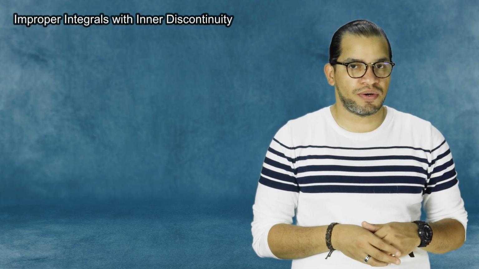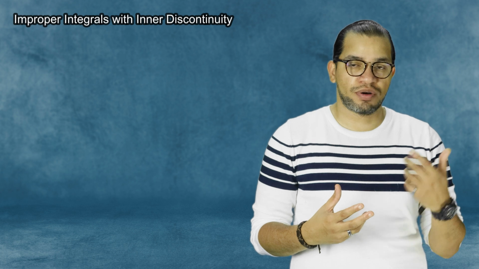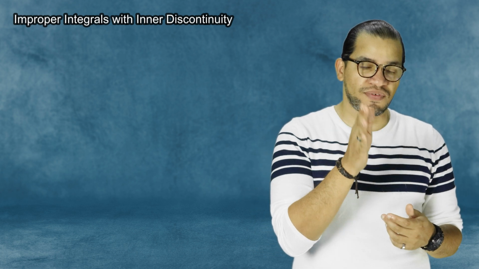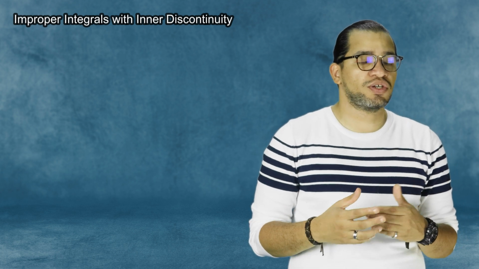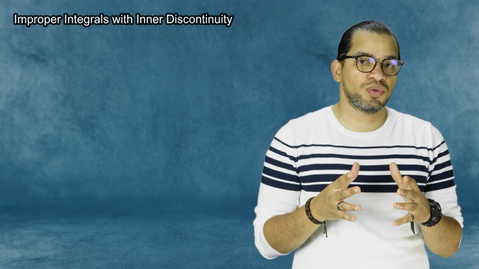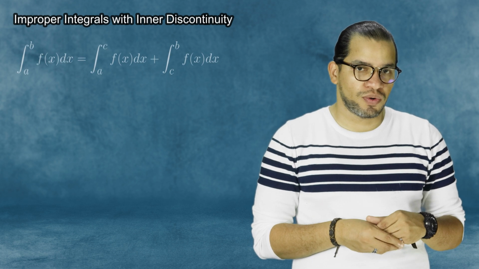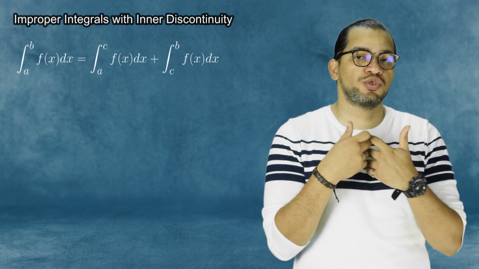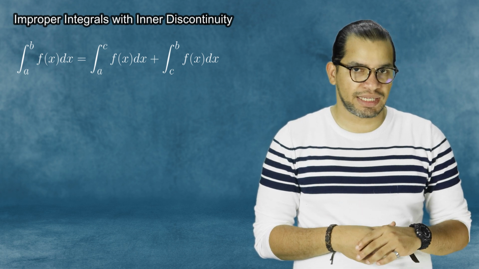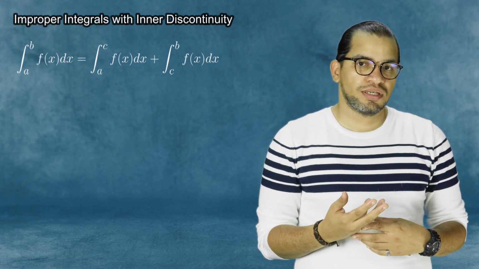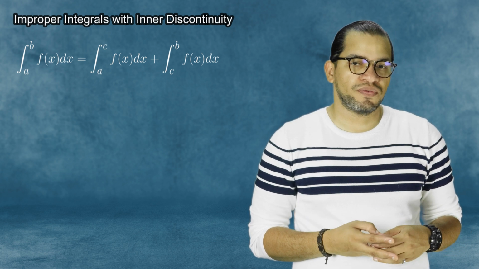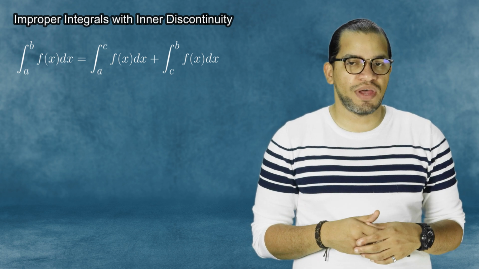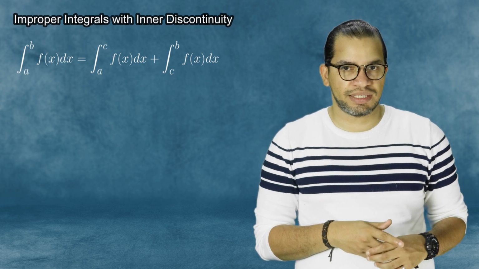For computing the area under the curve of f from a to b where there's a value c, which is an infinite discontinuity, we will do the improper integral from a to c of f of x dx plus the improper integral from c to b of f of x dx.